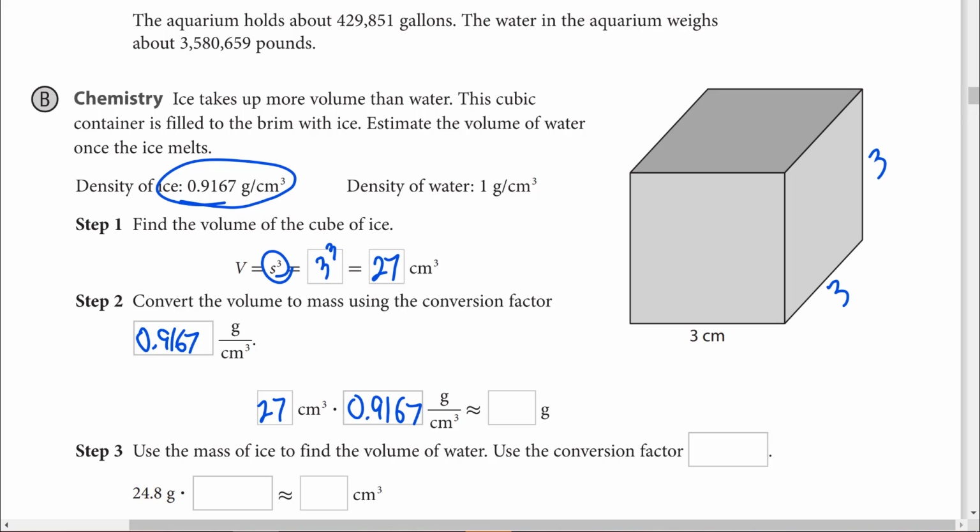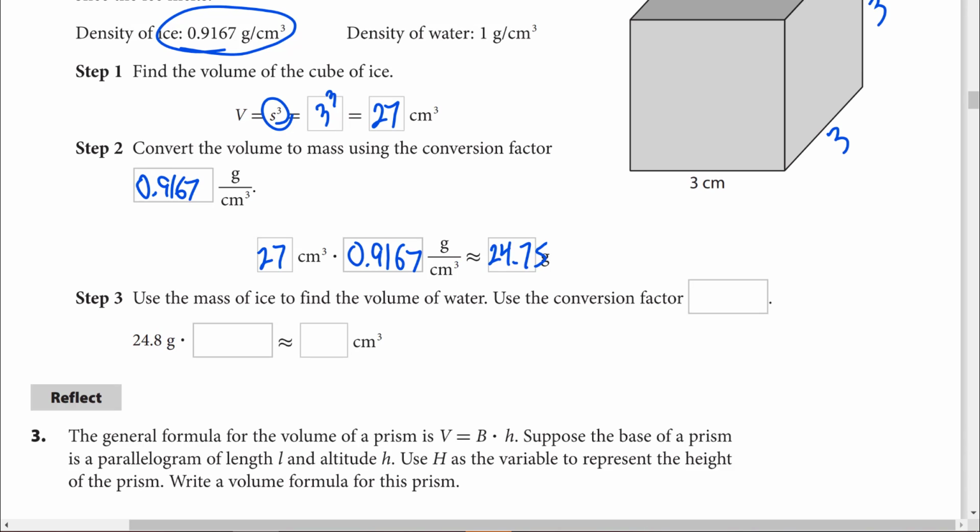If I grab my calculator here, I'll multiply those two together. 27 times 0.9167 means there are 24.75 grams of frozen water. And so the number of grams will stay the same whether it's frozen or melted. Your book rounded to 24.8, so we'll keep using that one.